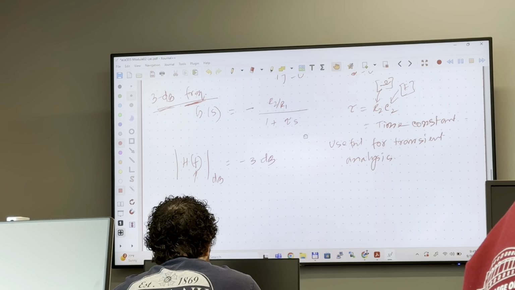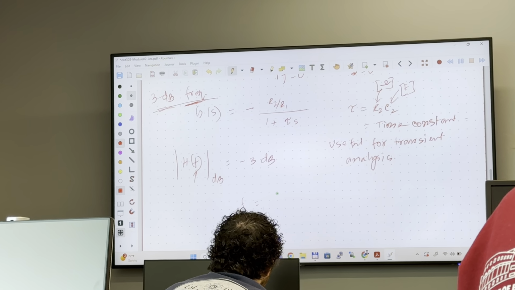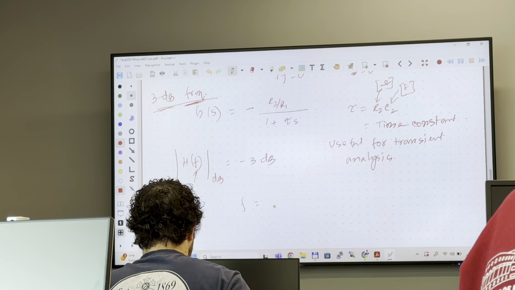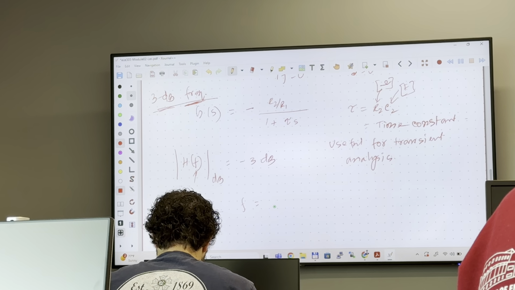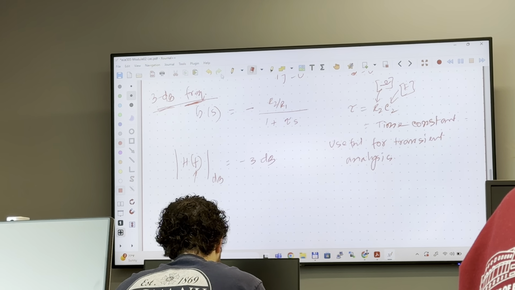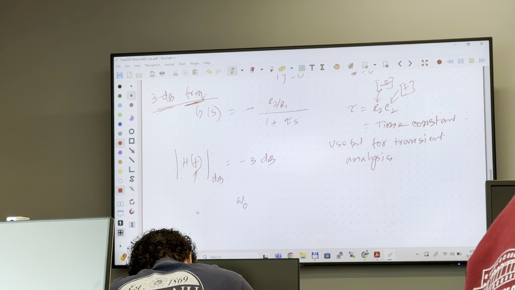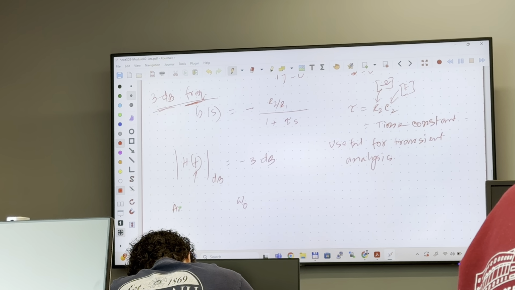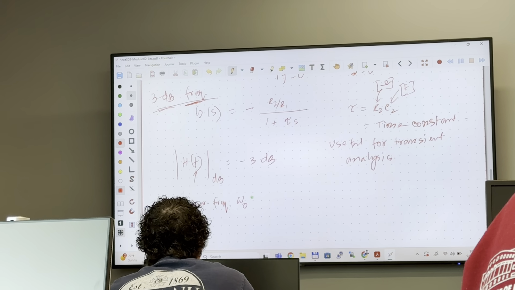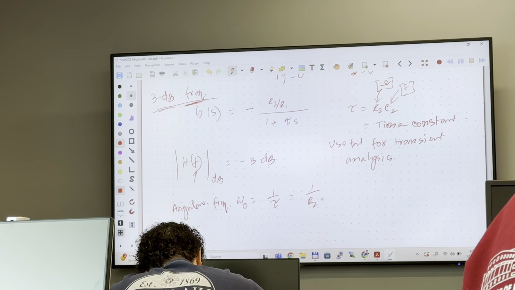And this 3 dB frequency, the angular frequency omega, is simply 1 over tau, which is 1 over R2C2.